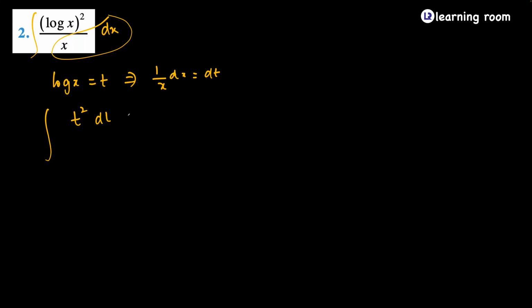So the integral of t square dt is t cube divided by 3 plus c. It is going to be log x the whole cube divided by 3 plus c.